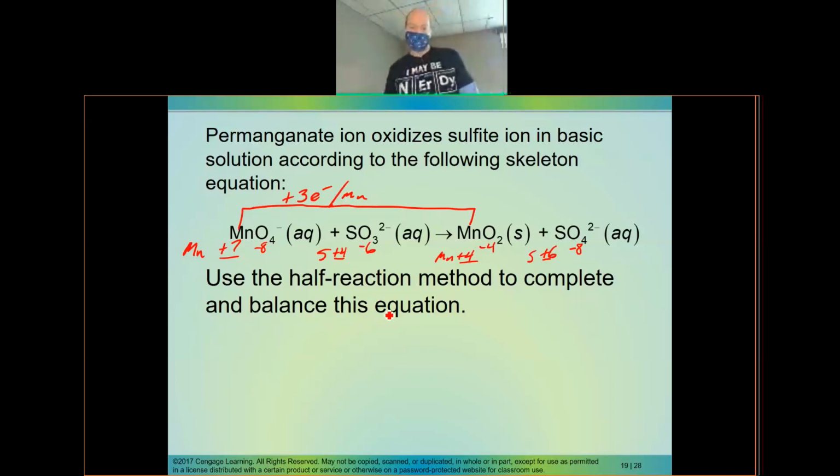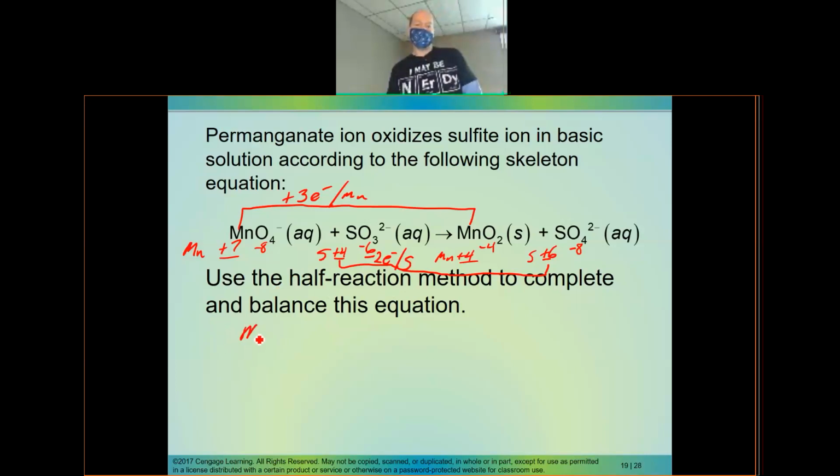Your SO3 minus 2, that sulfur has an oxidation of plus 4. SO4 minus 2 has a plus 6. And so we are losing 2 electrons per sulfur. There's 1 Mn on both sides, there's 1 sulfur on both sides, because that is what you do immediately after you break it into 2 half reactions.